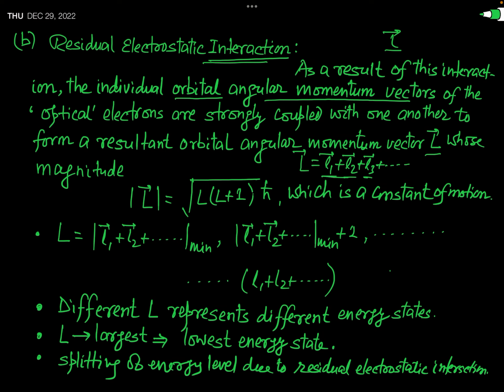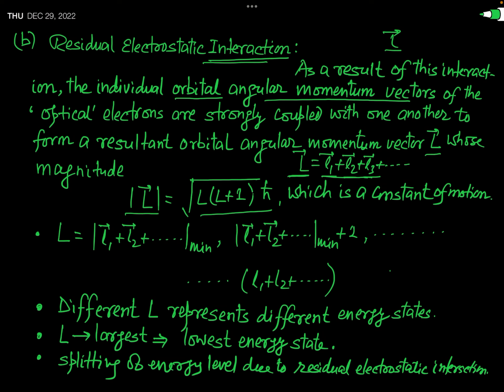And when they are added together vectorially, then we get the resultant angular momentum of the atom, denoted by the symbol capital L. Actually, the magnitude of this capital L is also quantized, and it is given by |L| equal to square root of L(L+1) times h bar. And this L is actually a constant of motion.